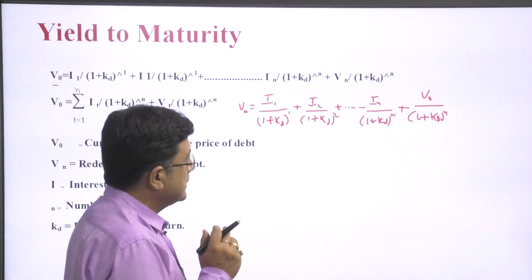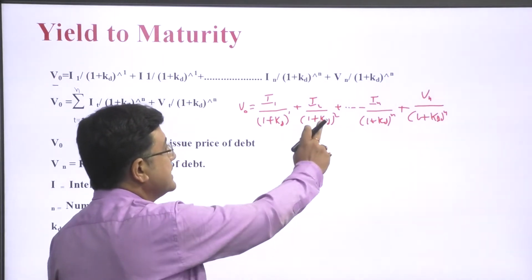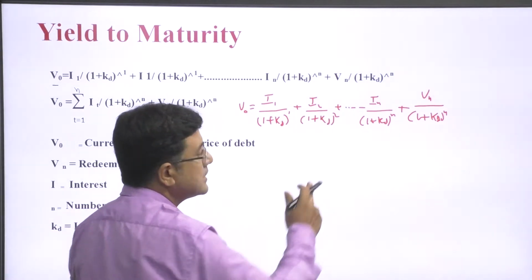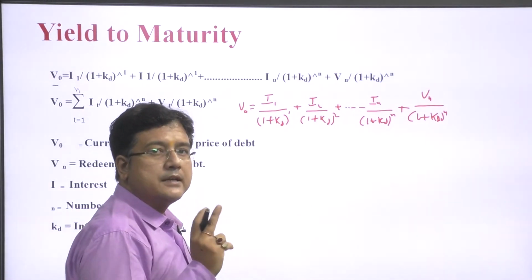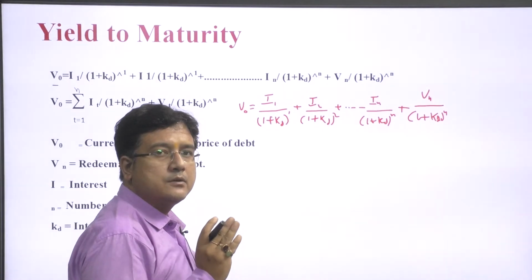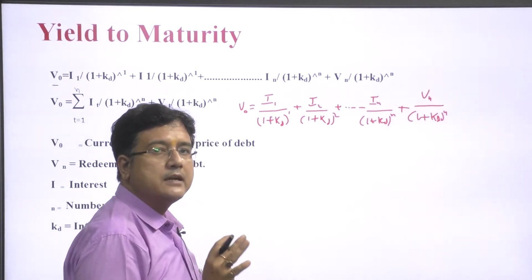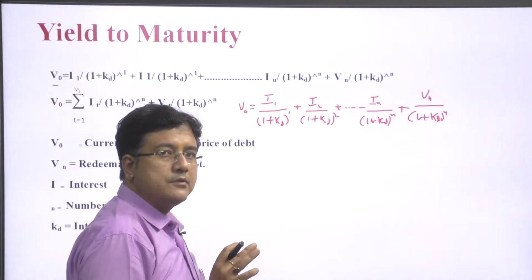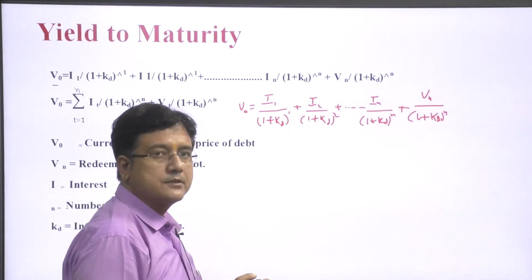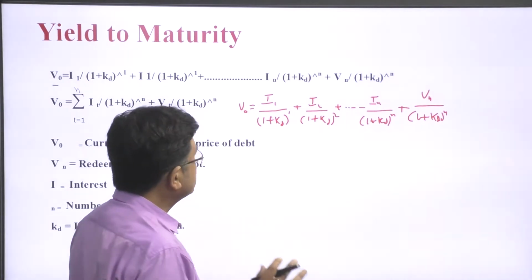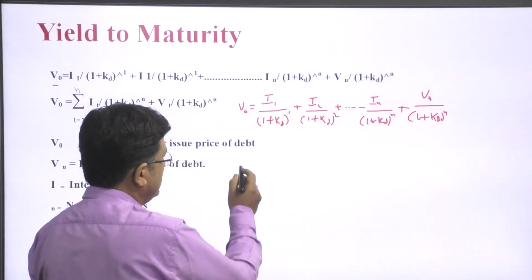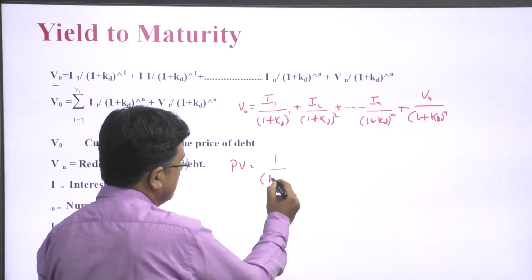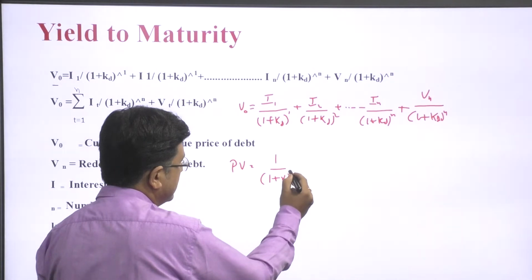Same way we can calculate on the basis of the second year; the only difference is that the power will change. As you understand from the time value of money, with the help of present value factors we can calculate the present value of interest. So, present value equals 1 divided by 1 plus R power n.